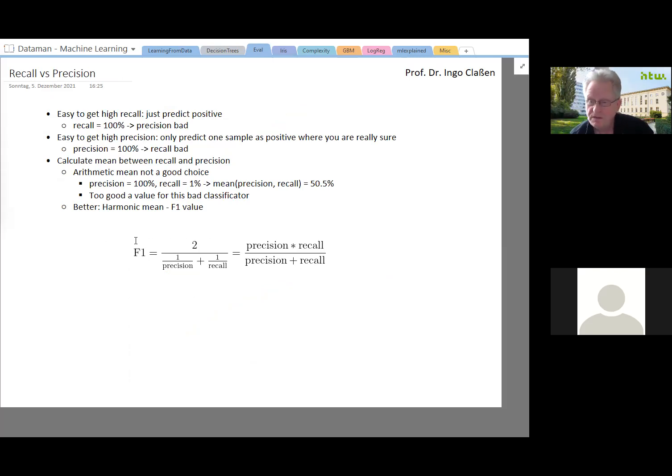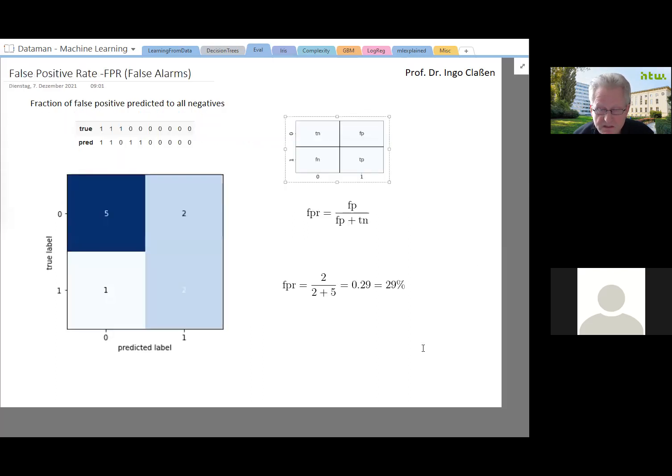Okay, so now we have this matrix, and often classifiers do not tell us it's true or it's false, but usually classifiers give us what is called scores. They tell us how sure, how confident they are for a specific case, if it is a positive or a negative.